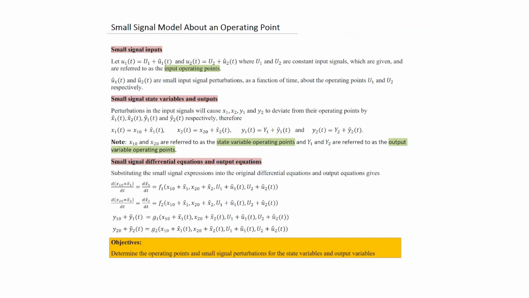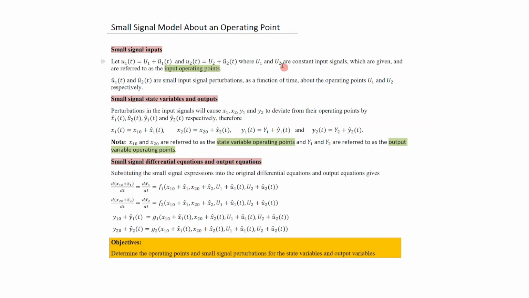All right, so now we're looking at the process for small signal modeling about what we call an operating point. What do we mean by small signal inputs? That just means you take the input signal and perturb it about a specific DC, or constant, value. So here, for instance, u1 as a function of t is a steady state or DC value plus a perturbation, which is a function of t. u2 looks the same.